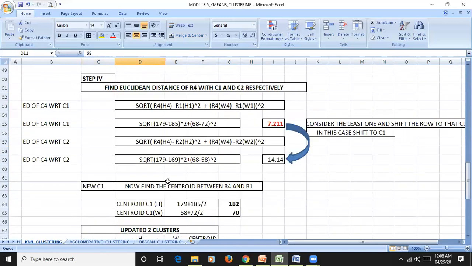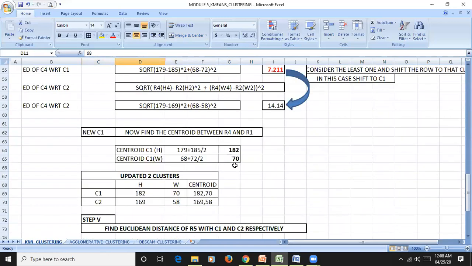I'll be getting my new values as 182 and 70. My prior values of C1 for height was 185 and for weight was 72. I'm getting lesser values. Just keep on observing. What are my updated two clusters' values now? It is 182, 169, 70, 58.